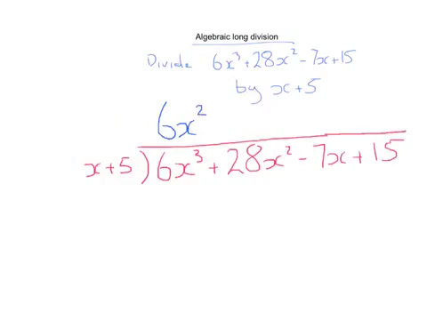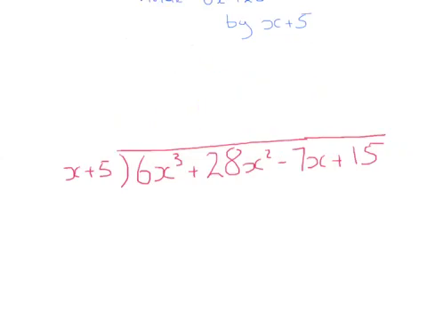Let me create a bit more room. To recap, I've taken this 6x cubed and divided it by x, and I'm writing the result above, which gives me 6x squared.